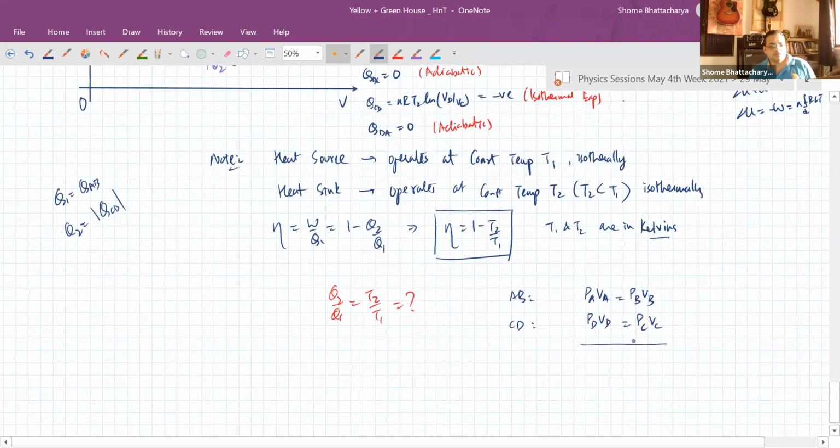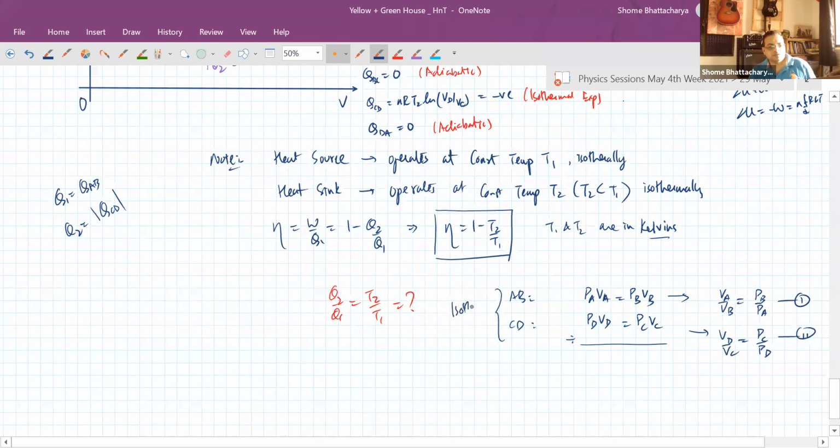From these individually, we can see that VA by VB is equal to PB by PA, and VD by VC is equal to PC by PD. These are our equations 1 and 2, since these are isotherms.